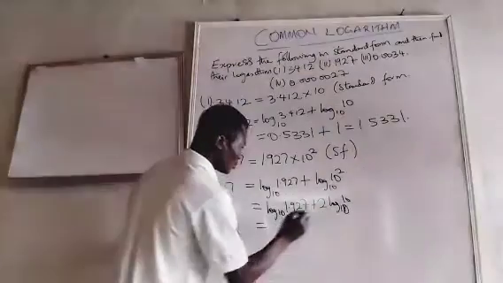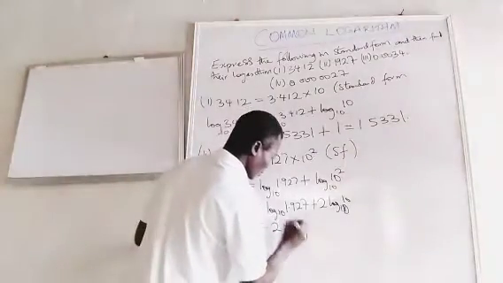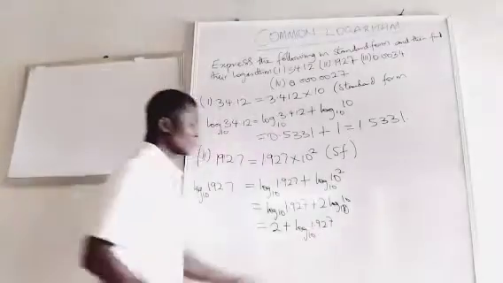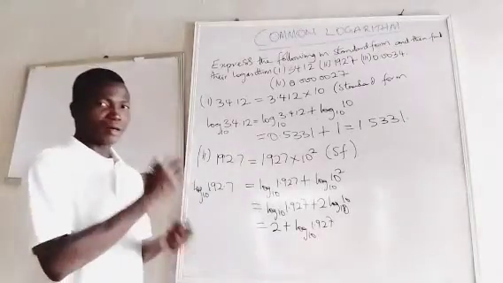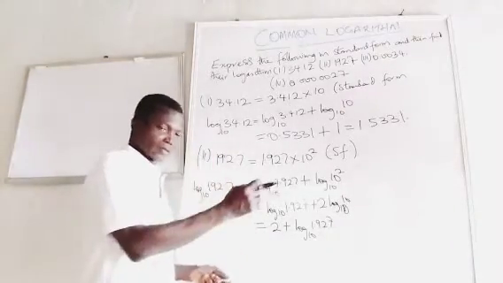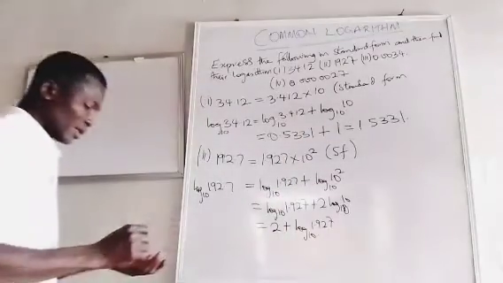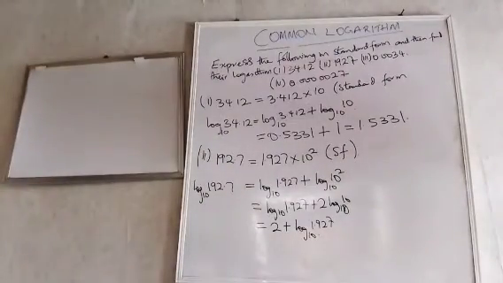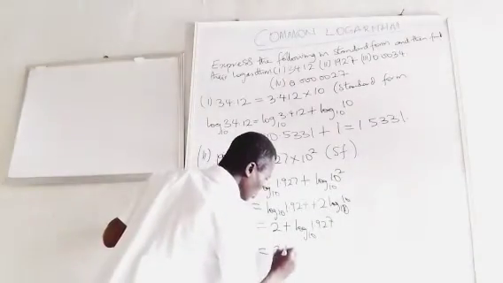So we are going to have 2 plus log 1.927 base 10. You check this one from the four-figure table. That is 19 under 2, difference 7. So our answer is going to be 2 plus 0.927.